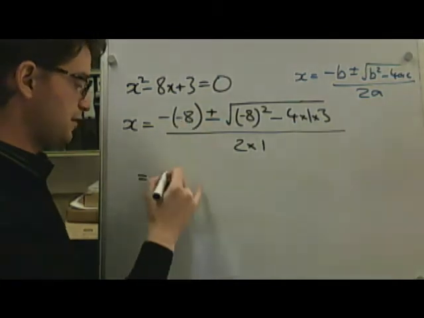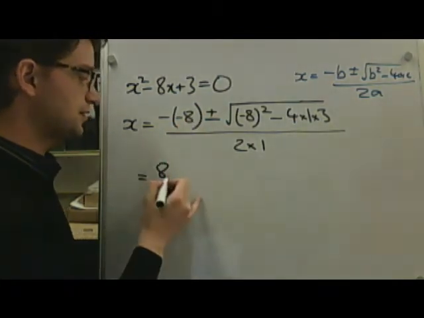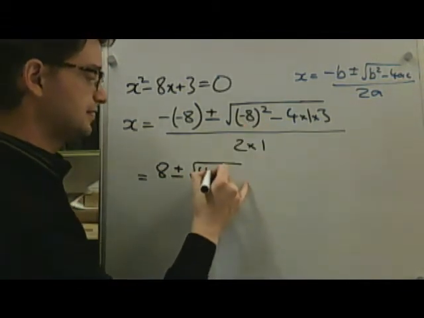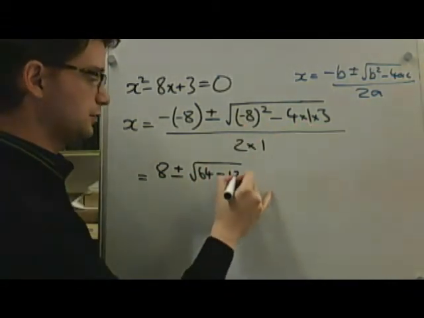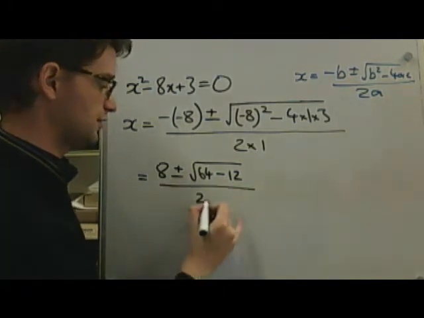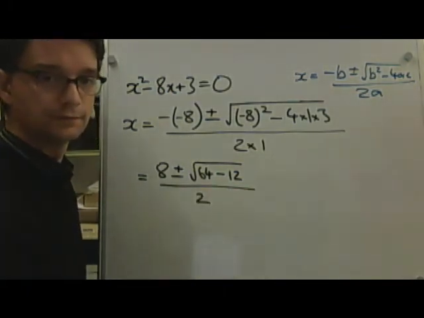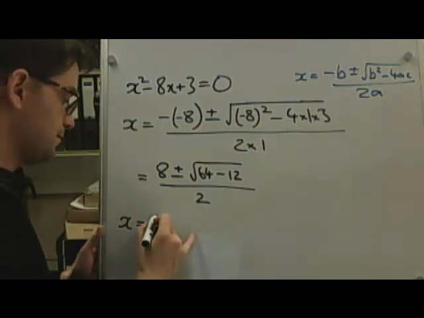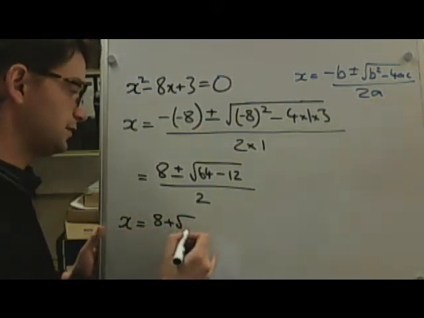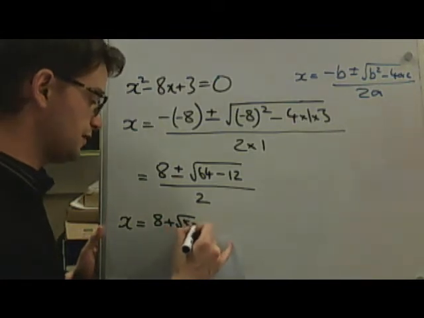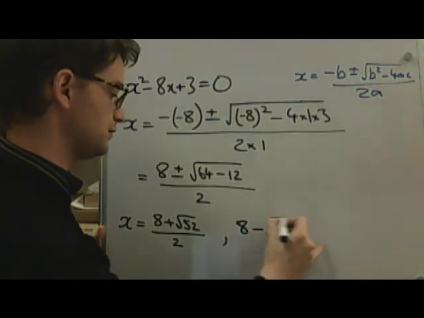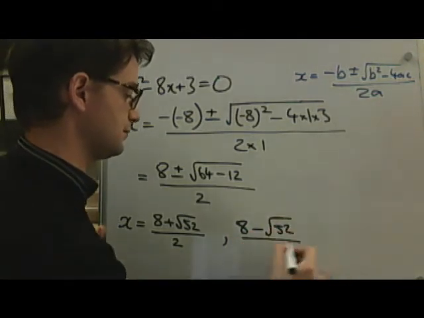And that's going to give me minus 8 is just 8, plus or minus the square root of, that's 64 minus 12, all over 2. And so I get x is 8 plus the square root of 52 over 2, and 8 minus the square root of 52 over 2.